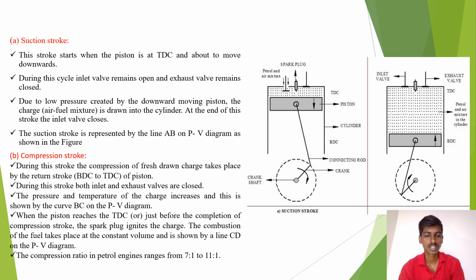When the piston reaches the TDC, just before the completion of the compression stroke, the spark plug ignites the charge and the combustion of the fuel takes place at constant volume, shown by the line CD on the PV diagram. The compression ratio in a petrol engine ranges from 7:1 to 11:1.